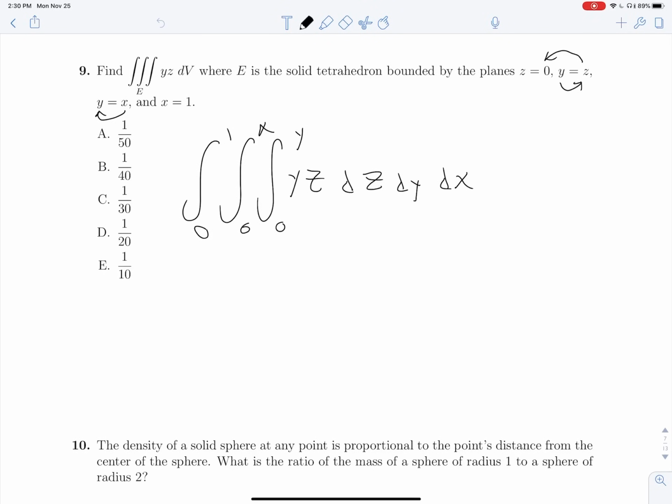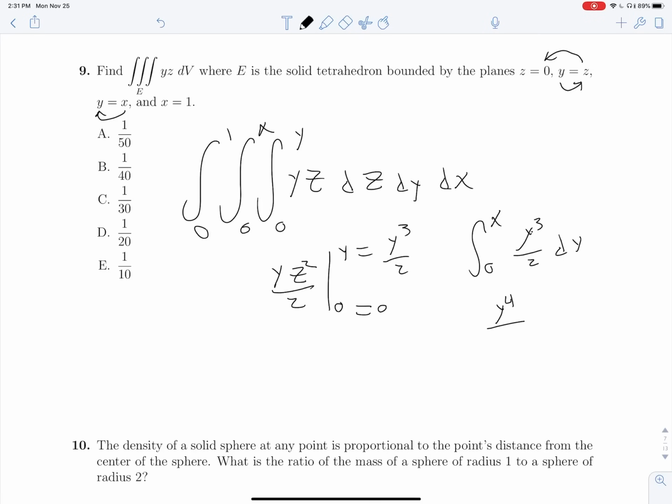Now that we have everything set up, we are ready to integrate. Our first integral is going to work out to y z squared over 2 on 0 to y. This will be y cubed over 2. So now we're taking the integral from 0 to x of y cubed over 2 dy.